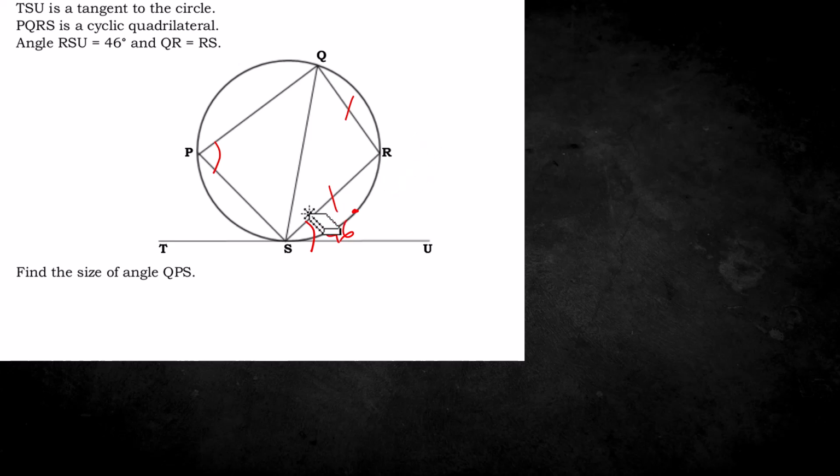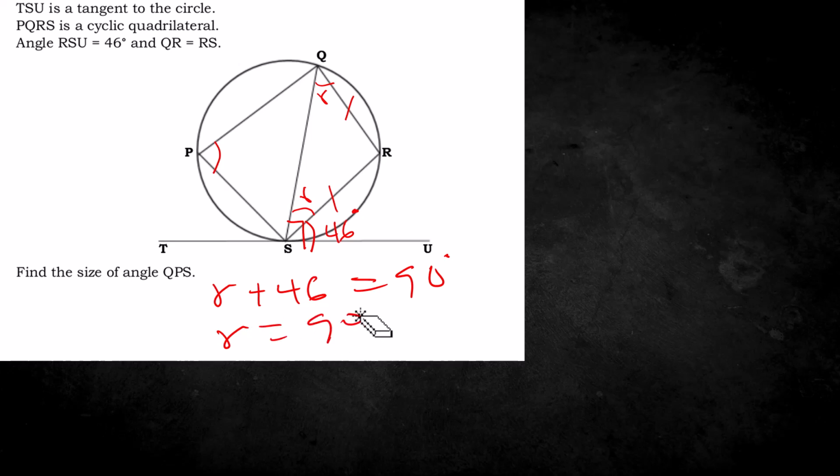So it means this angle is the same as this angle. Let's call it R. But because this one is a tangent, everything here will be 90. So R plus 46 will give me 90 degrees. Therefore, R is 90 minus 46.